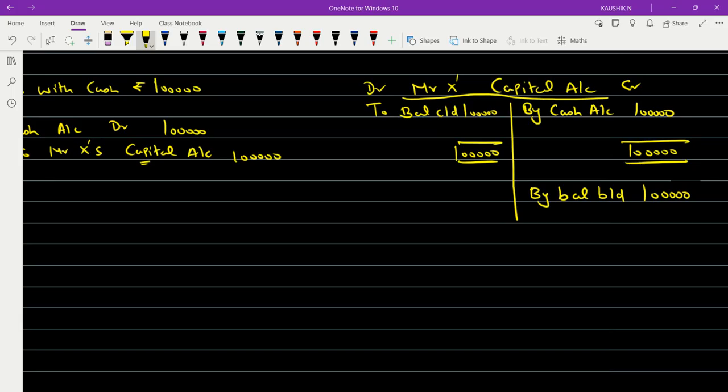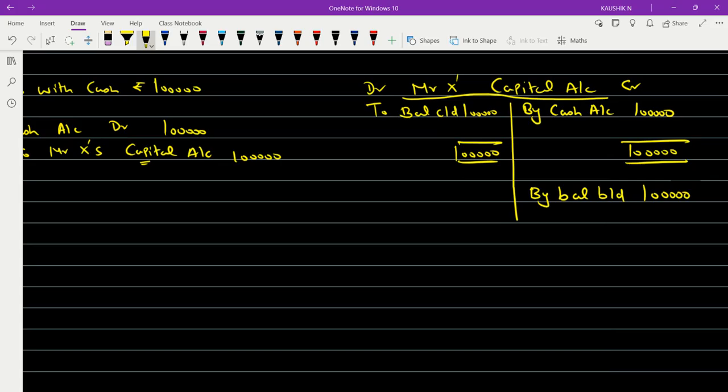Practically speaking, when it comes to pen and paper, whether it is a CA exam, CMA, ACS or a school-level examination, the maximum number of partners given in a question paper is 4 or 5, not beyond that, because the space will not be convenient. But in reality, with a minimum of 2 and a maximum of 50 partners, you could find a partner's capital account that is a little huge in size.